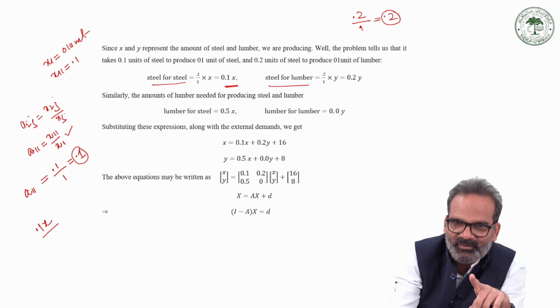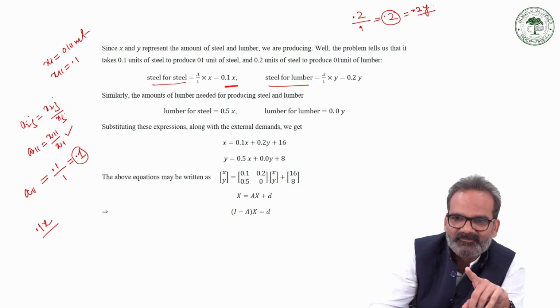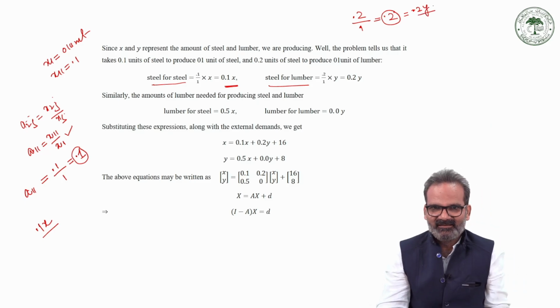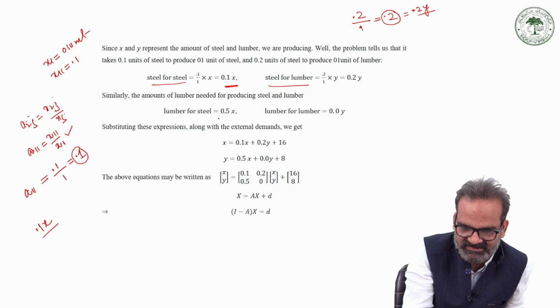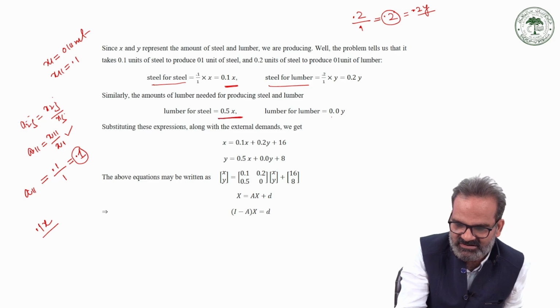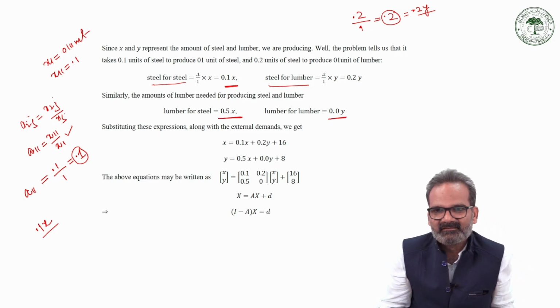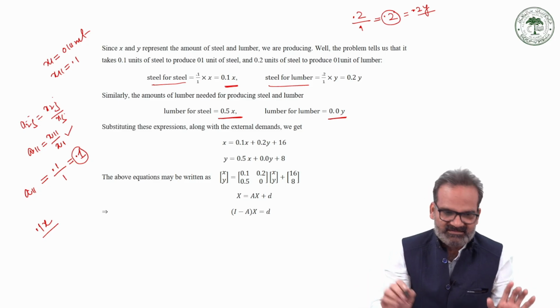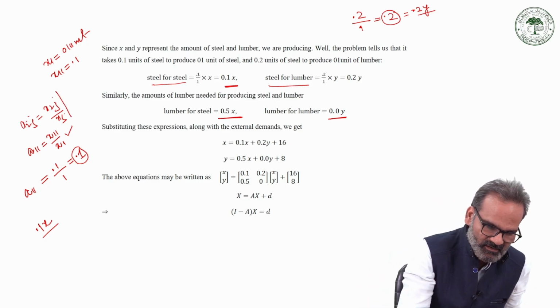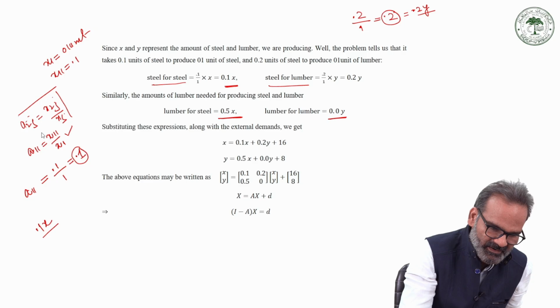If we want to produce y units of lumber, this will be 0.2 into y. Are you getting the point? Likewise, lumber for steel, we can form the second equation like this. Clear? Hope you understand this concept. Use this formula to obtain these equations.